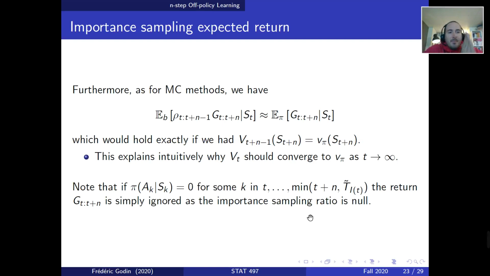Whereas for n-step, let's say n is equal to 3, you only have to look at the next 3 actions, and if one of the next 3 actions is non-greedy, then you put a zero weight. But there are much fewer actions to check in the n-step method than in the Monte Carlo method. So it's much less likely that the weight for an episode is set to zero, because you have a much lesser chance of exploring in that case.